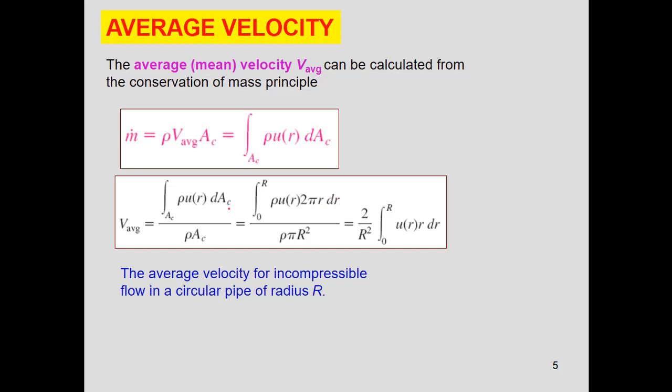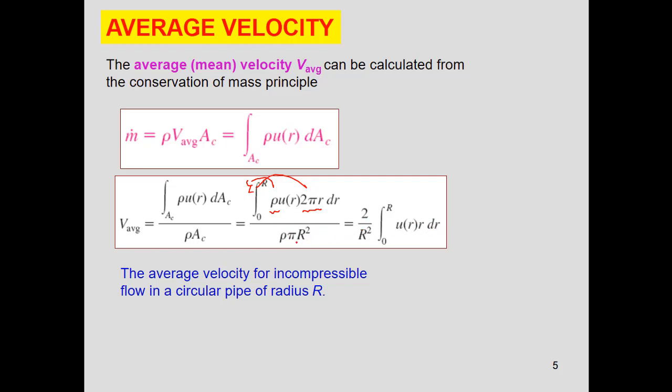By substitution of dAC in this equation, we can bring out the 2 pi and rho, because they are constant values, to the outside of the integration. Then we can cross out the similar values. Then we can rewrite our equation like this.